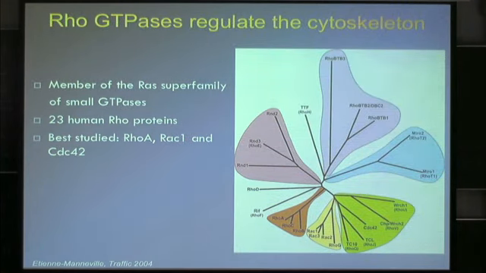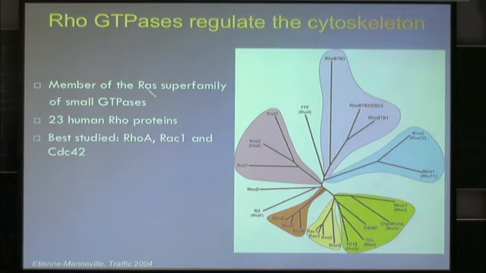I'm sure you have heard about Rho GTPases last week, but we are working quite intensely with those proteins, so this is our focus, and that's why I'm talking about them. Members of the Rho GTPases are important for the formation of different actin structures.